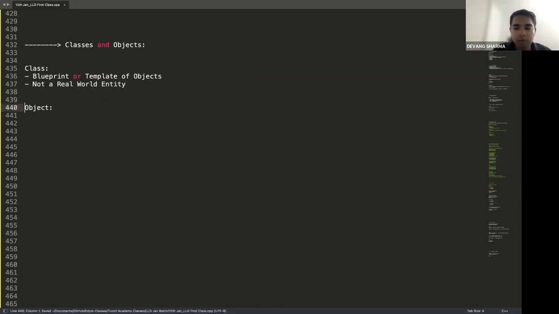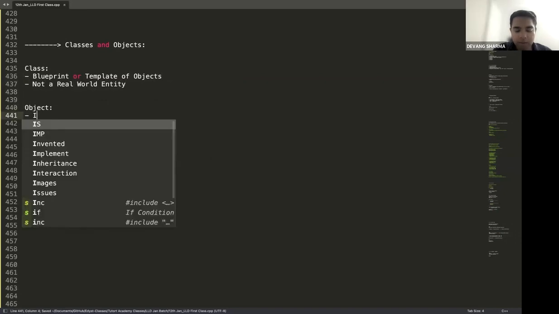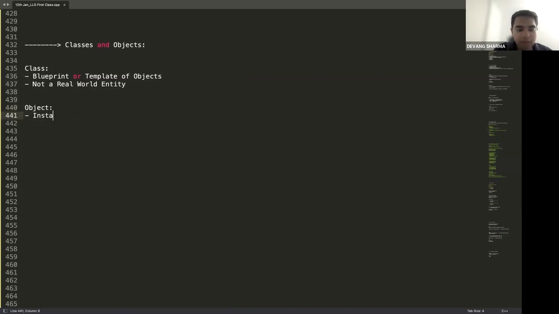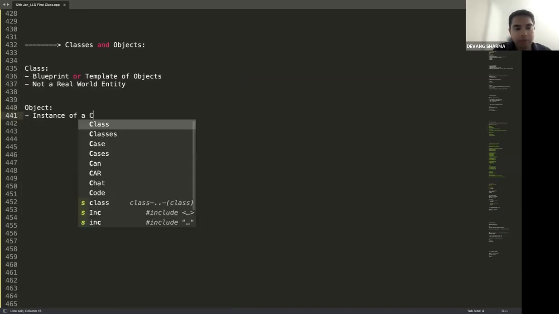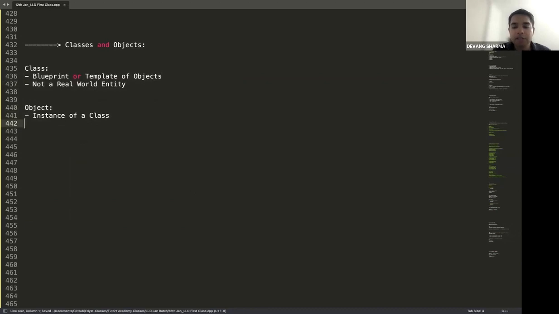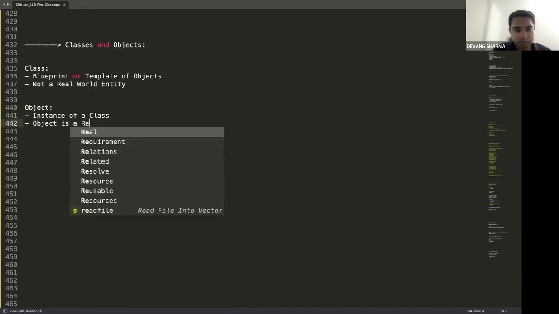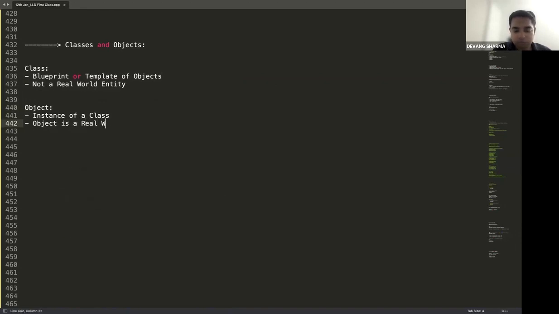It becomes real world once you have the objects. Objects are the instance of a class. When you instantiate it, that is when you create the objects. Object is a real world entity.